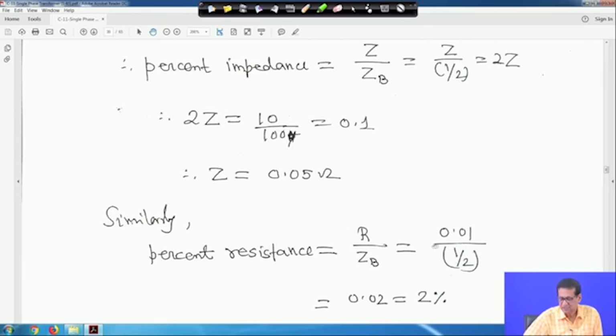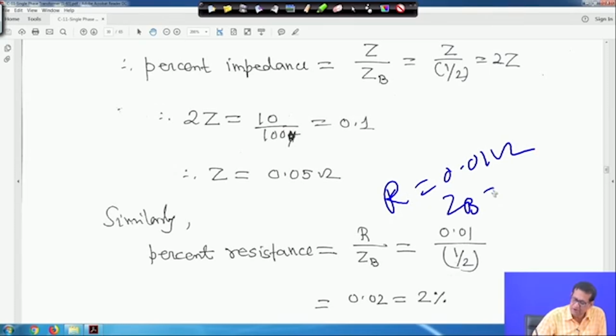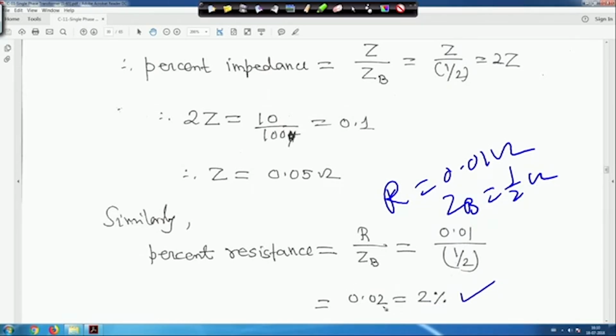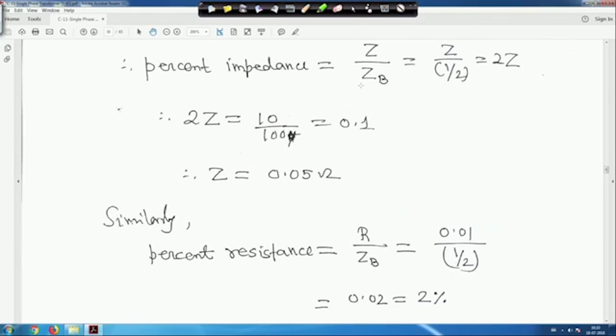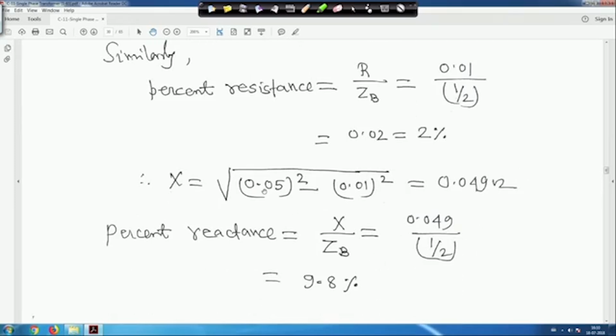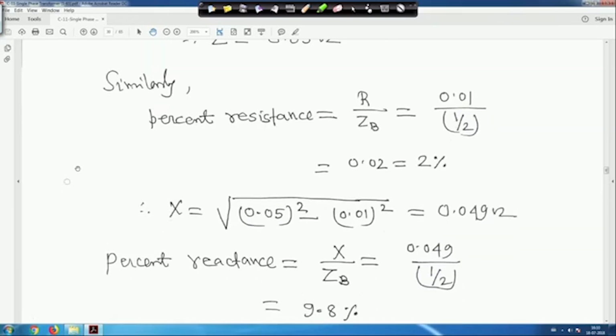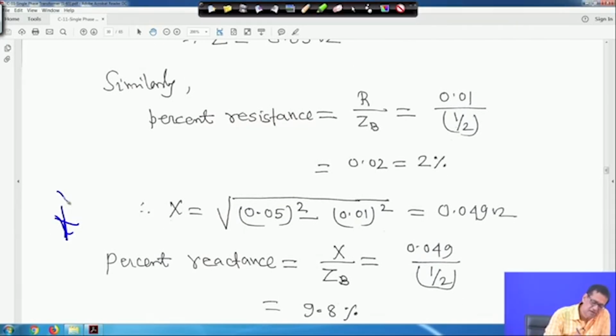Now, percentage resistance is R upon ZB. R is given as 0.01 ohm, and ZB we have got as half ohm. So percentage resistance is 0.01 by half, that is 0.02, so it is 2%. Therefore, we know X square plus R square is equal to Z square.